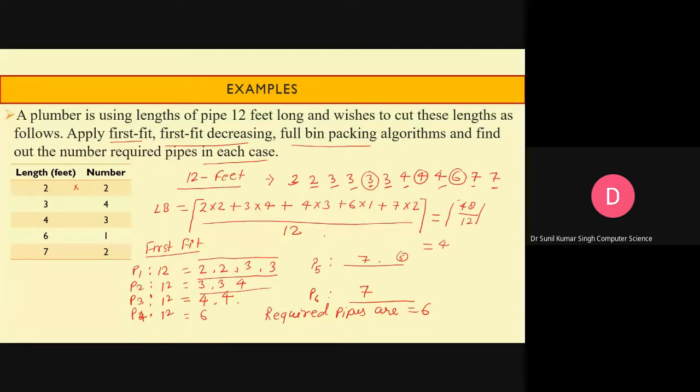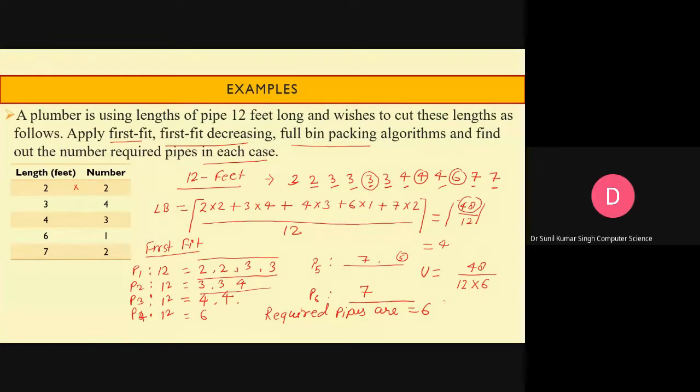Now, if we are going to calculate the utilization, what will be the utilization? Used length, that is 48, and total length. Total length will be how much? 72.